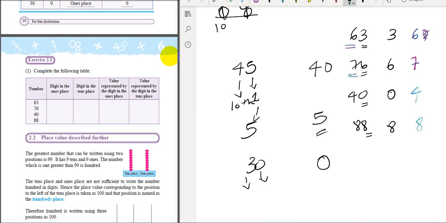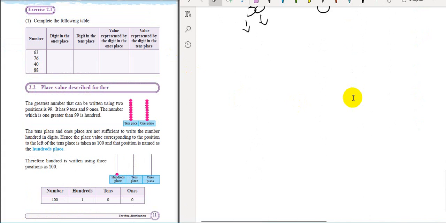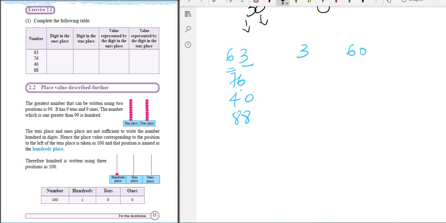Now we are going to write the value. How are we going to write the value? Ones place: 63, 76, 40, 88. The 3 is 3. The value of the 3 is 3 here. How many 3s are here? 3. Here, this is 60 value.